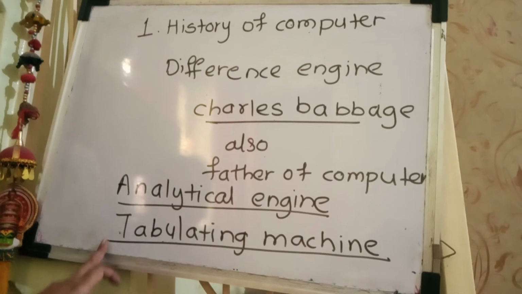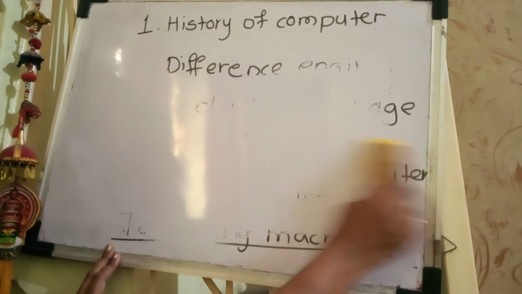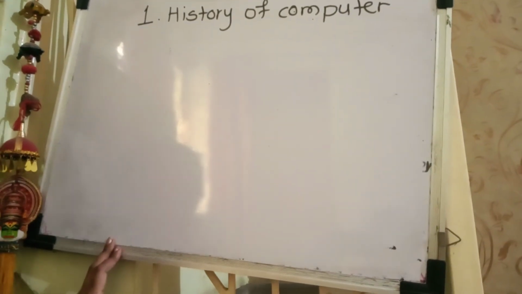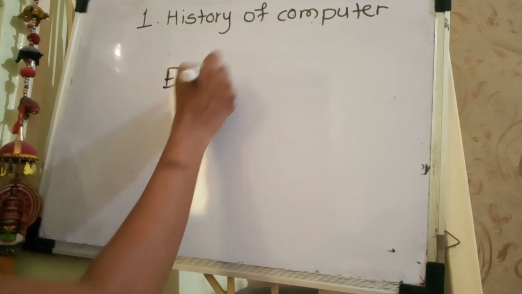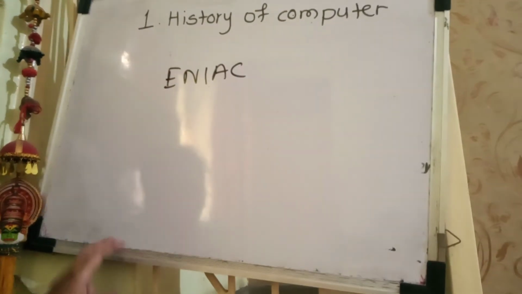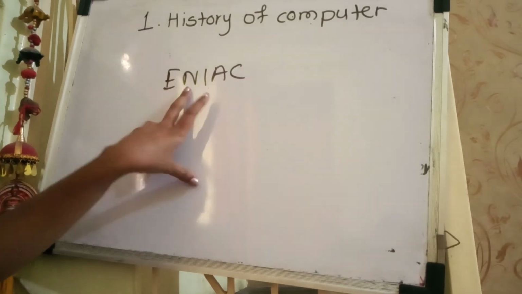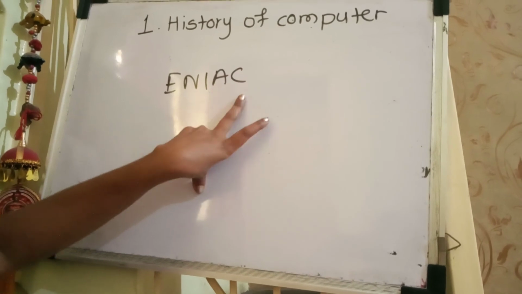So then after the tabulating machine, ENIAC. ENIAC was invented. ENIAC means Electronic Numerical Integrator and Calculator.